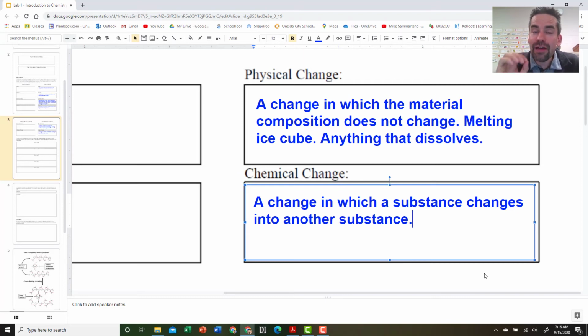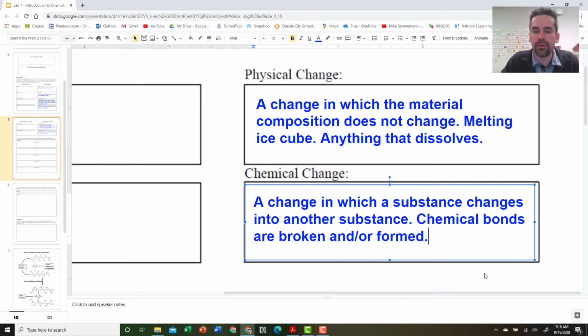At the molecular level, though, at the atomic level, very, very tiny, what's happening is a chemical bond is either broken or formed, or both. So, chemical bonds are broken and/or formed.